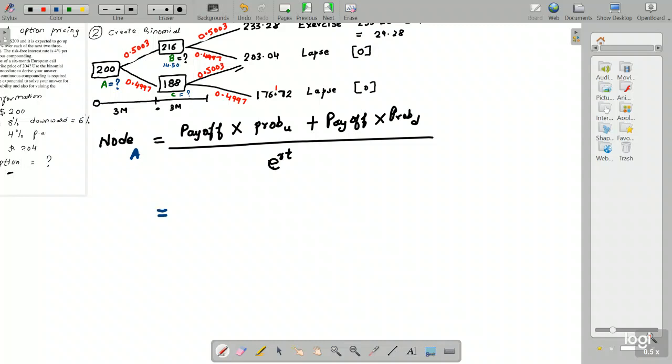So when this is moving back here, node C has no value, so the only value that we are going to use is node B. So how much is the payoff? My payoff is 14.50.